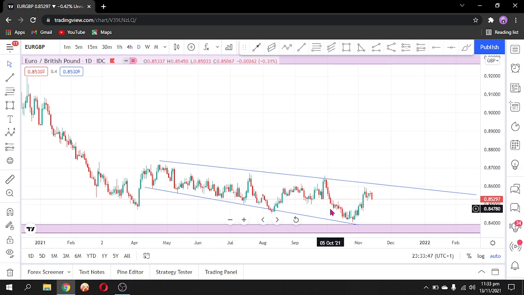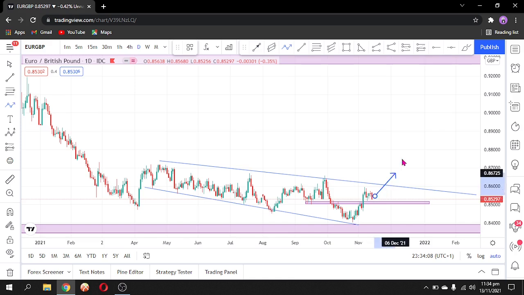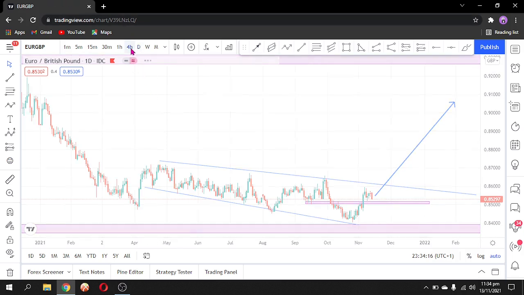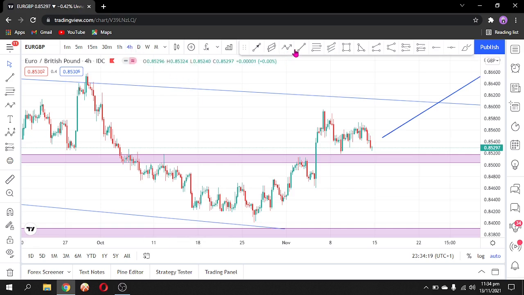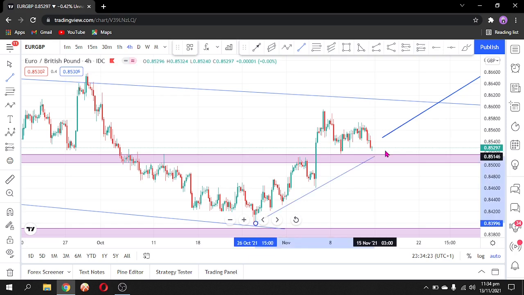So we expect Euro GBP to push up, and on the 4-hour time frame you would see that we have a bullish trend line here.